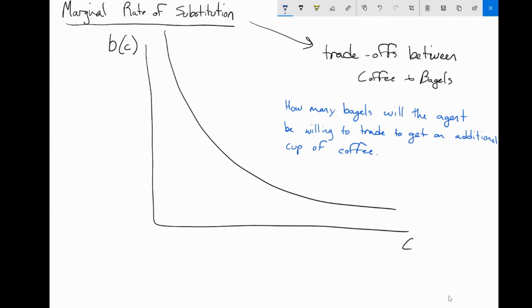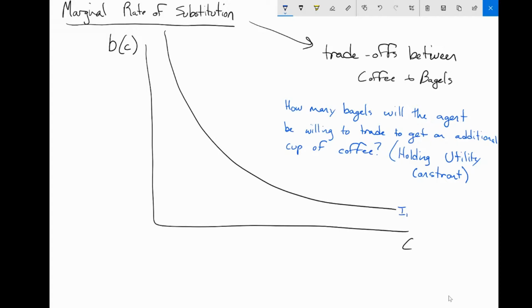All right, how many bagels would they be willing to trade to get an additional cup of coffee holding utility constant? So this is, right, utility constant. This is just pure trade. How many bagels would you be willing to trade to get an additional cup of coffee if this indifference curve is describing your preferences for the two?